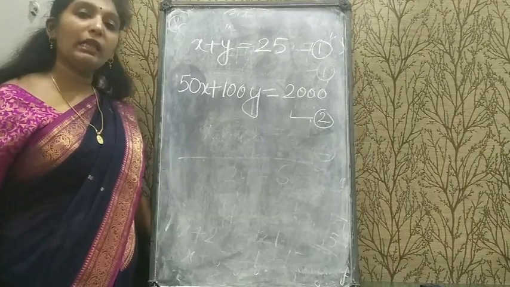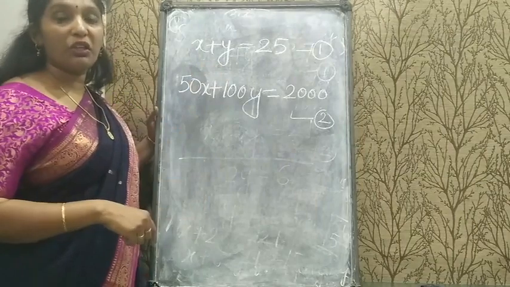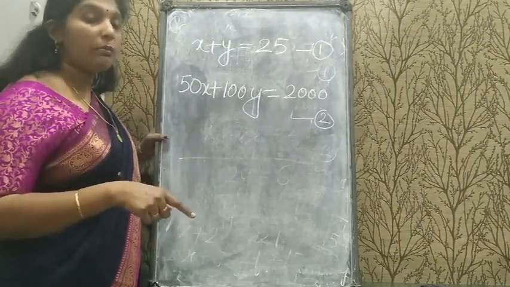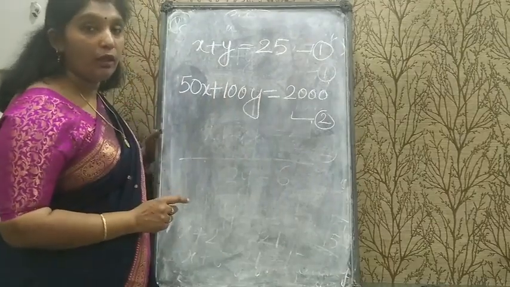I am going to explain the second method, how to solve these two equations. In the previous method, I divided the second equation by 50.